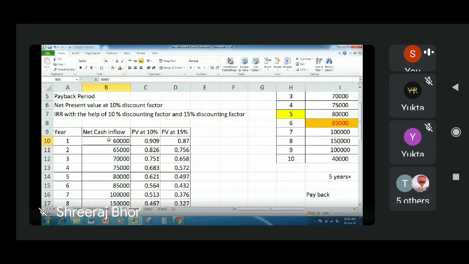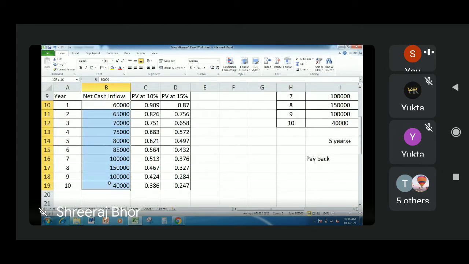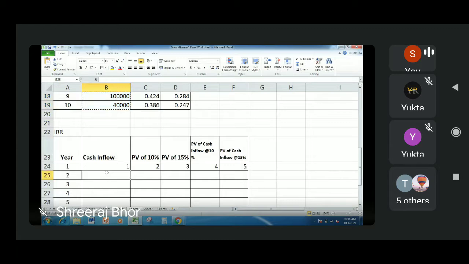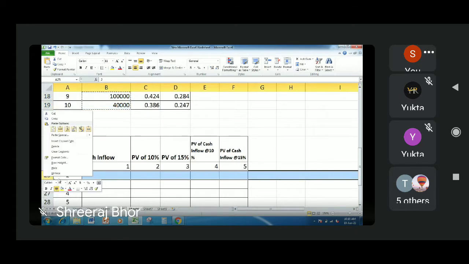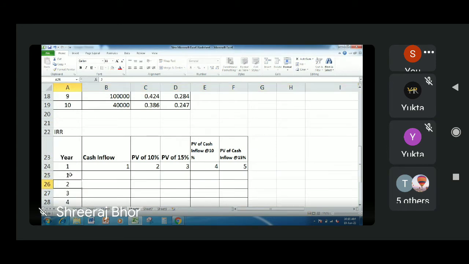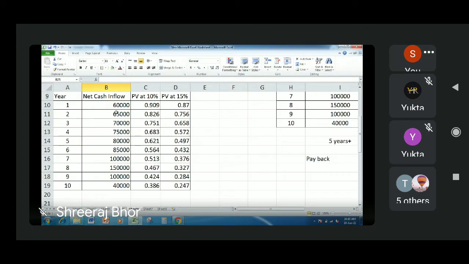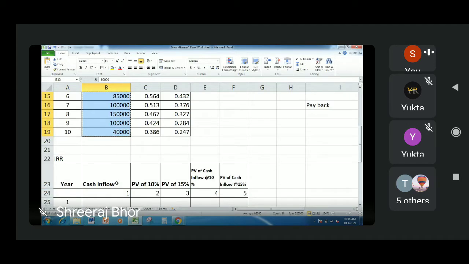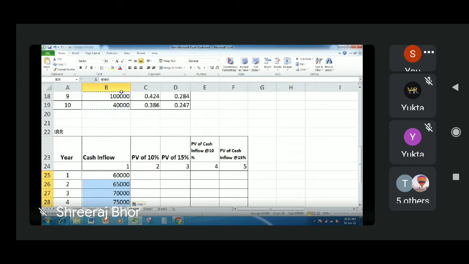Cash inflow is over here, 60,000 and 65,000. So I'm taking all these figures directly over here. All these figures are the cash inflow for the project.